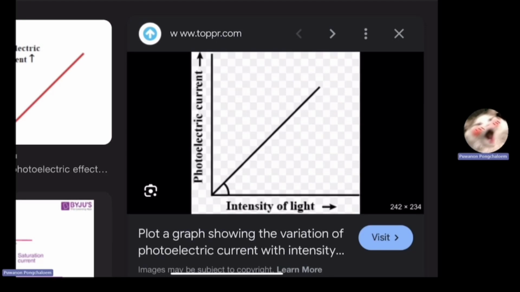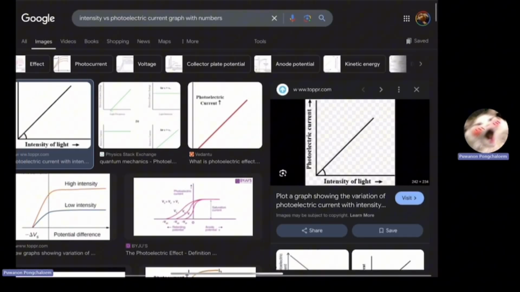As the intensity goes up, the graph goes up too, so they are correlated. This is different from the classical model, where intensity was thought to increase the energy of the ejected electrons. So here's the graph basically.